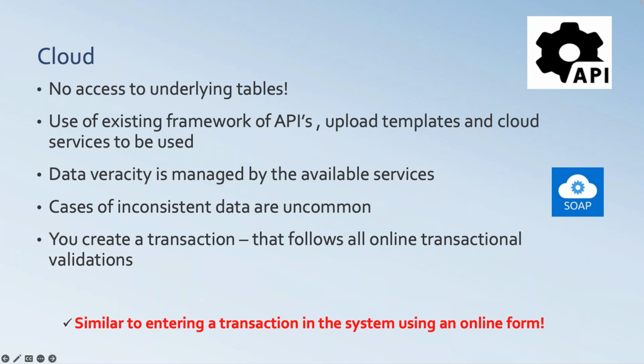So data veracity is managed by the available services, which means if you use REST APIs, or you use SOAP, or you use any of the business events, you could actually put data in, and you are actually creating these transactions as though you were creating it from the screen. So the capacity for you to fail on having inconsistent data was a lot less, right?